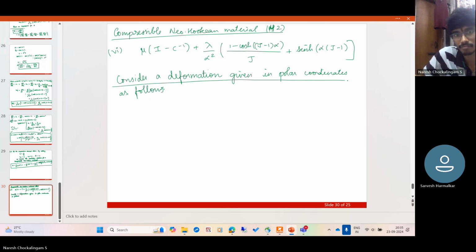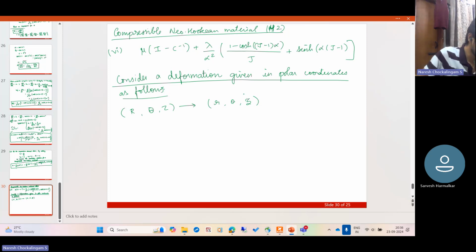Polar coordinates are given by these three coordinates r, theta, and z. So there's an undeformed capital R, capital Theta, capital Z. They go to small r, small theta, small z. This is a certain deformation. You can take this as capital X1, X2, X3, and this as small x1, small x2, small x3.